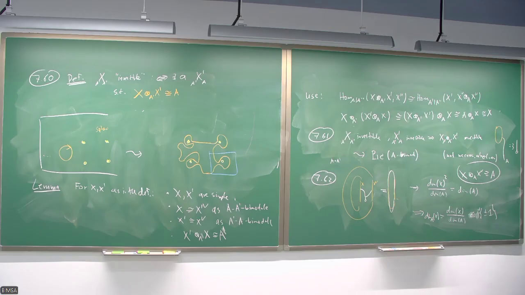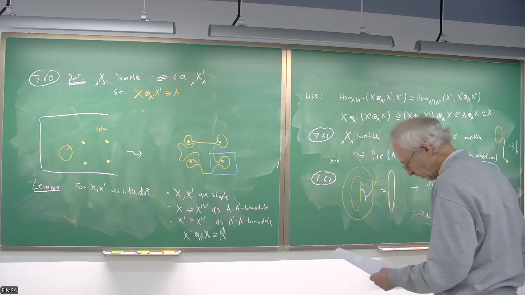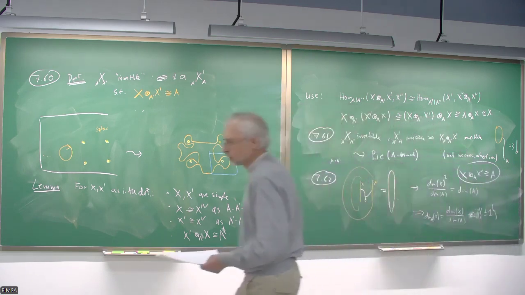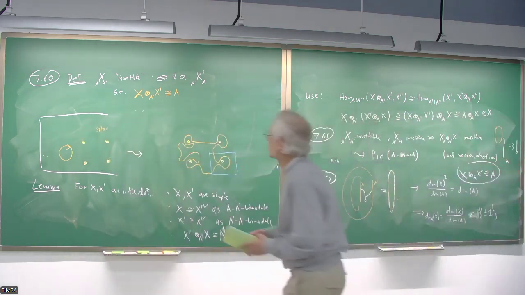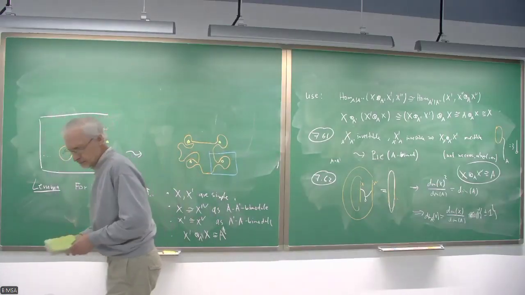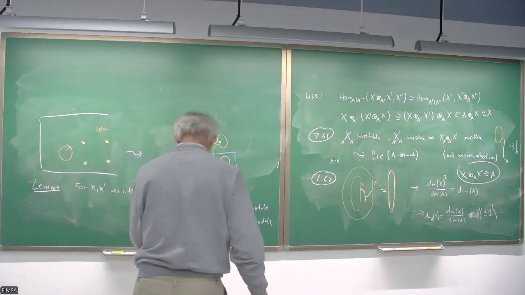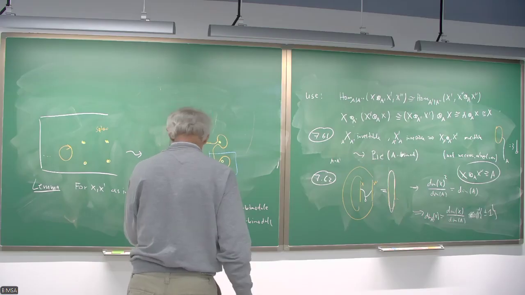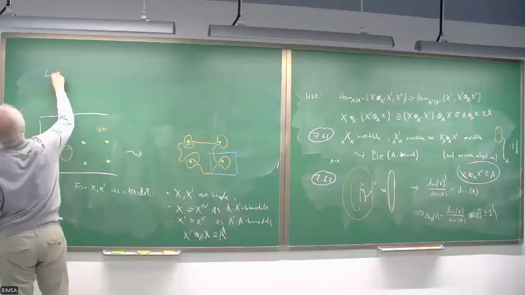So the dimension of an invertible defect in the A dimension can only be plus or minus 1. One can say a bit more. In some cases, the minus 1 is not appearing.